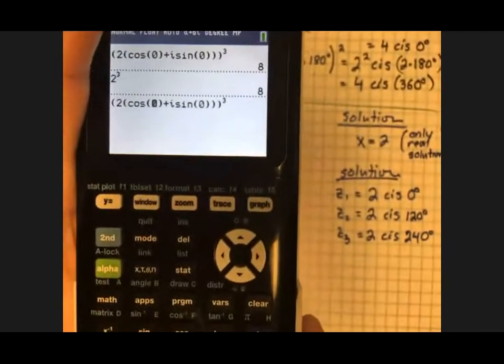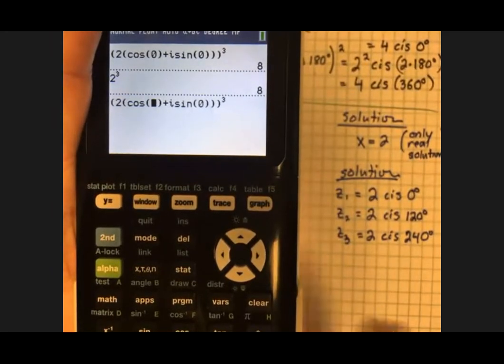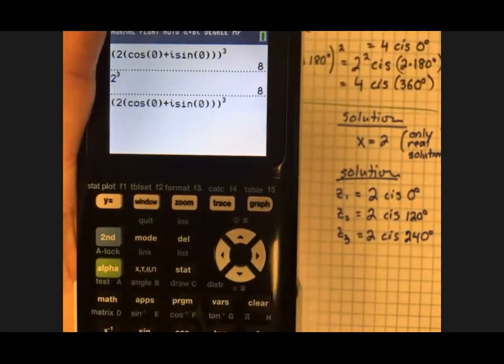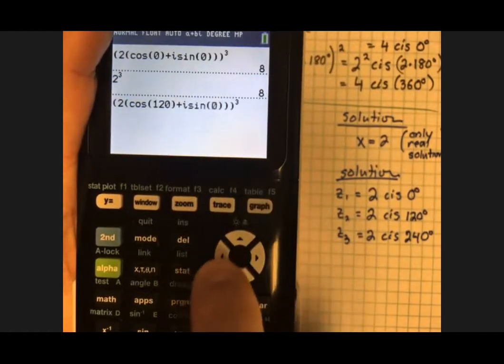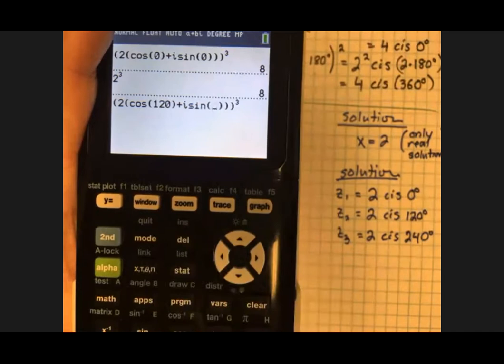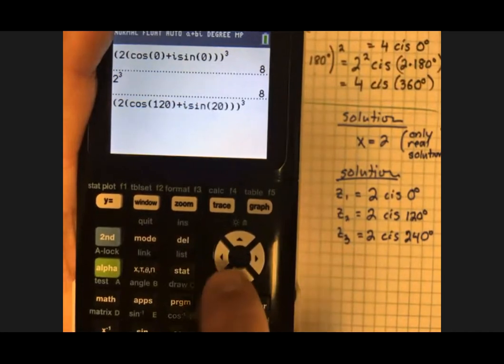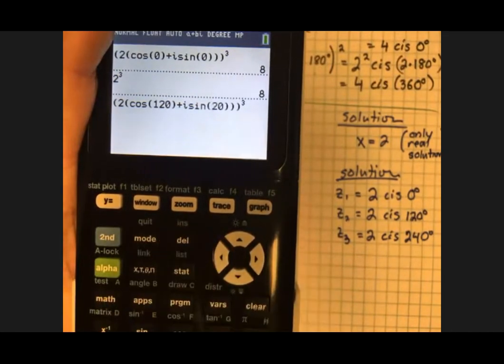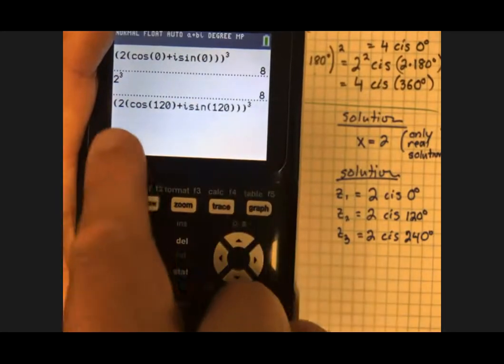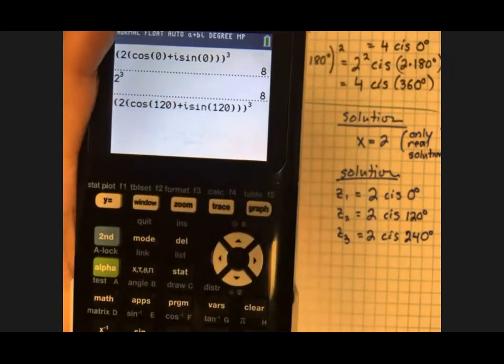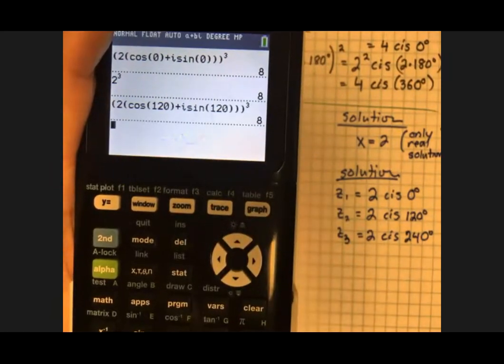So I say second function, insert, put a 1, 2. Now I got 120 in there. So this says 2 cis 120 cubed. And again, I get 8.